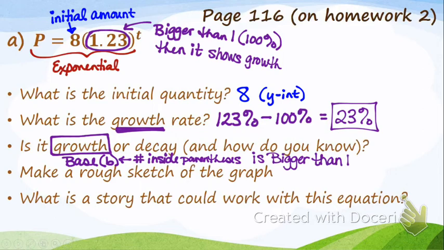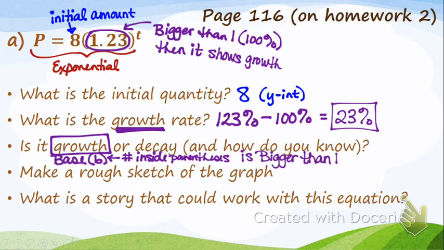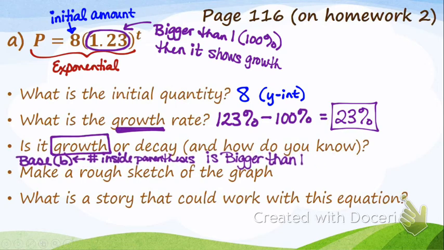How could I make a rough sketch of this? What do you think it would look like on a graph? What did our graphs yesterday look like? They were kind of curved, right? So if it's growing, would I expect it to curve upwards or curve downwards? It's going to curve upwards.